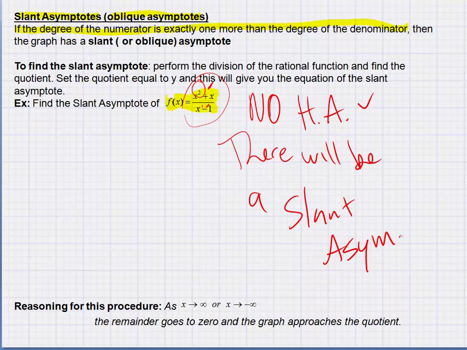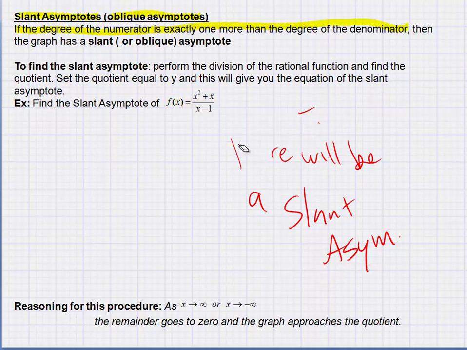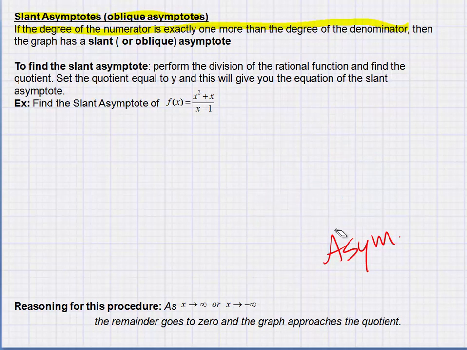Now, how can we find that slant asymptote? In order to find it, we need to actually perform the division that we're seeing with this rational function. If the rational function is a polynomial divided by a polynomial, we already know how to do this division. So if we perform that division and find the quotient, set y equal to the quotient, and that line will be your slant asymptote.